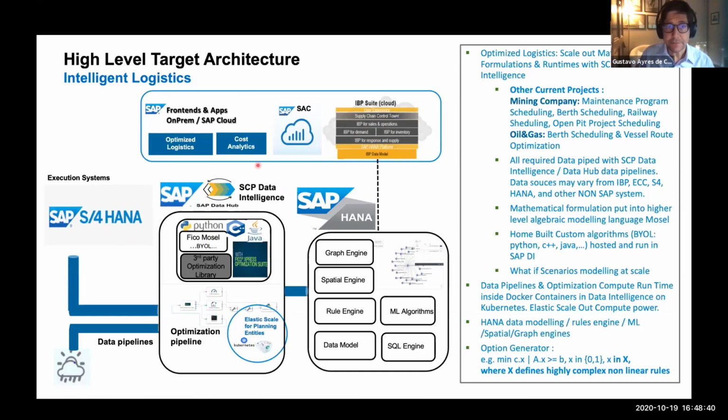The user would trigger some sort of event here, an optimization event, and connect to SAP or trigger another event in SAP, where we would internally in these pipelines execute some third-party library. In this case, we use the FICO Xpress library.